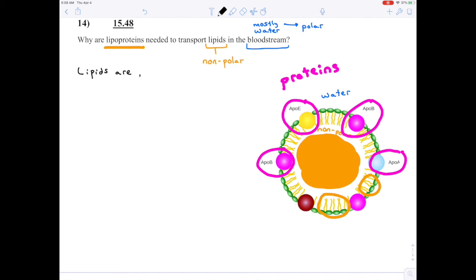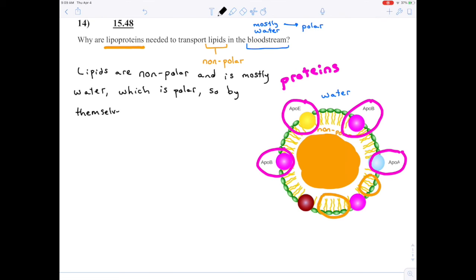And the reason why you would need these is that lipids are nonpolar, whereas blood is mostly water, which is polar. So by themselves, if you just dumped the lipids that you ate into your blood, they would not mix.